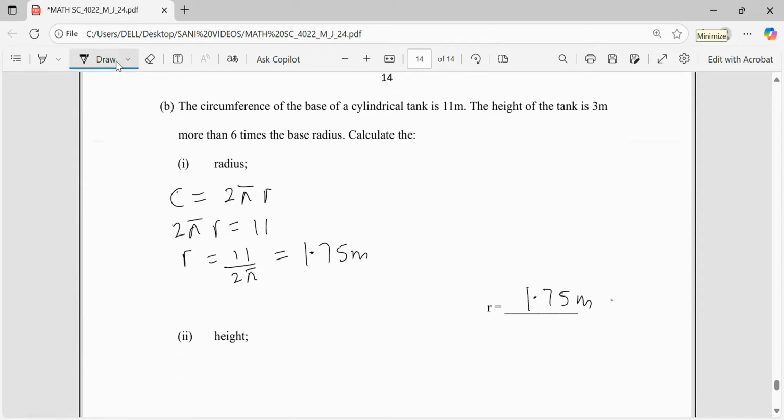So next question says find the height. So from this statement, the height of the tank is 3 meters more than 6 times the base radius, we can interpret this into an equation. The height h equals 3 meters more, that's 3 plus 6 times the radius.